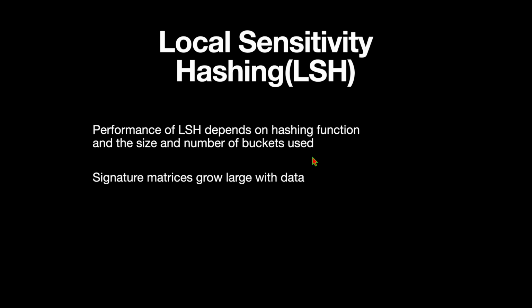At the same time, if you have as many buckets as input vectors, then it's not going to reduce the computation too much. So there are quite a few things to consider when choosing locality sensitive hashing. And the signature matrix grows very large as the number of documents or the size of your data set grows, so it's going to consume some amount of memory.